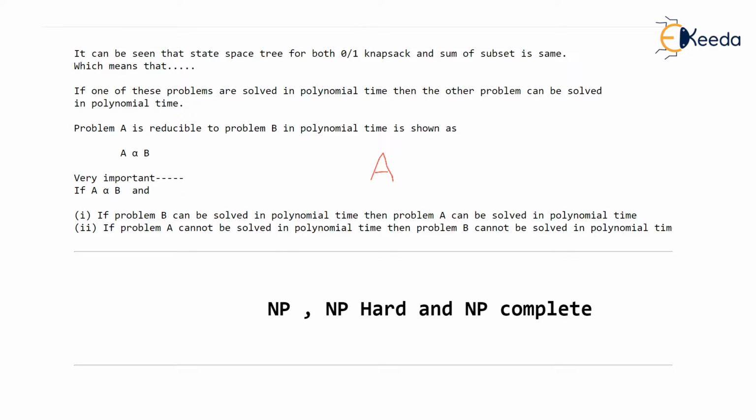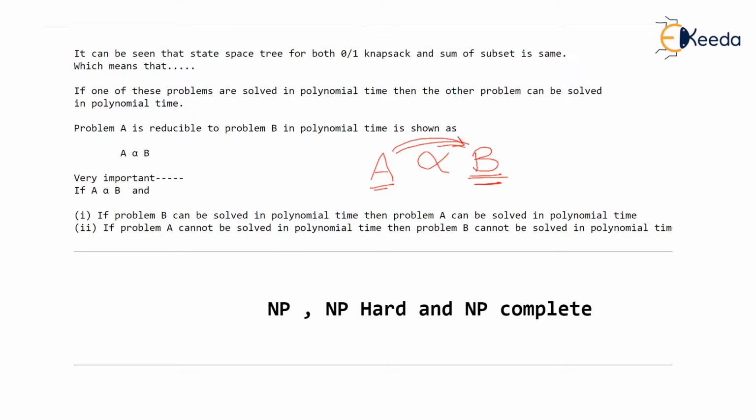Then what you can do is, if you know some problem B which can be solved in polynomial time, and if you are able to reduce A to B in polynomial time, then you can say that A is the same as B, isn't it?